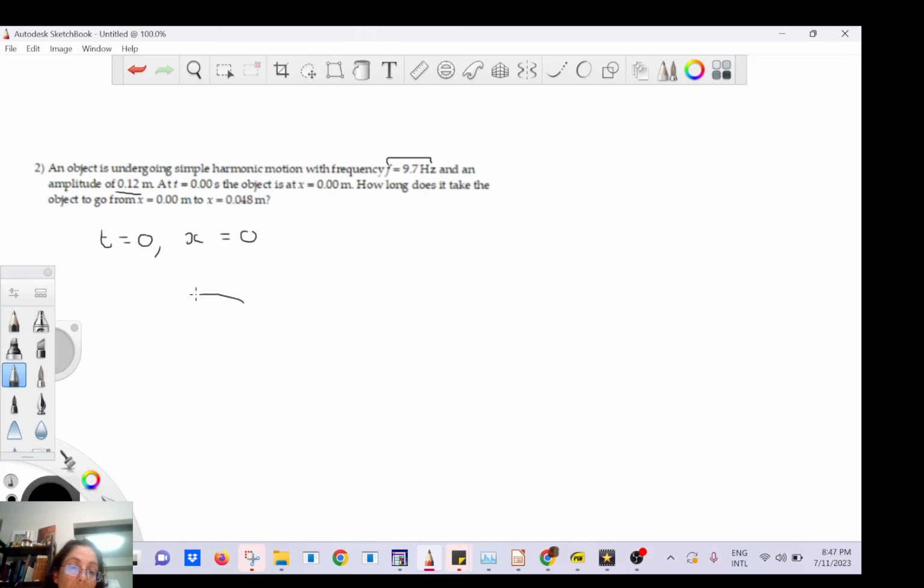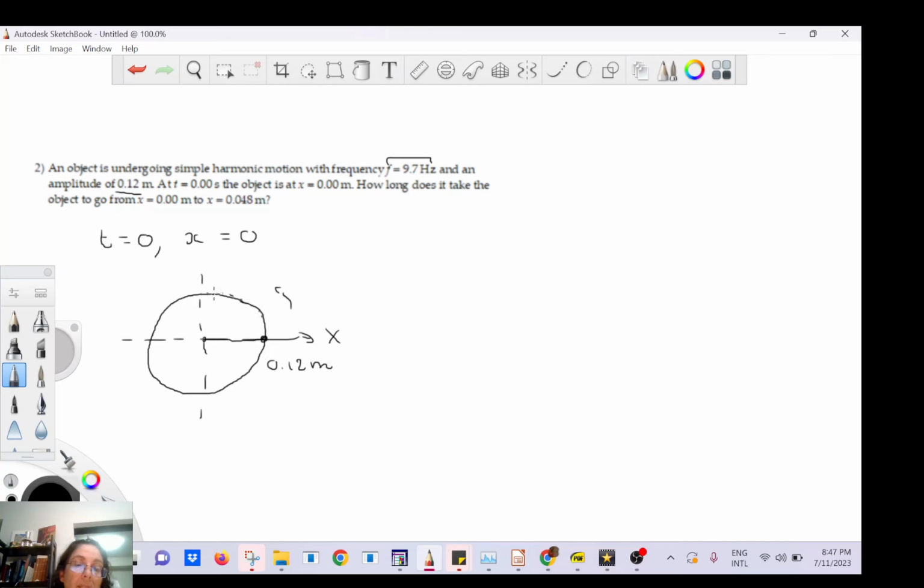So what does it mean? Let's take the circle. That's going to be my x-axis. Here I have my amplitude, which is 0.12 meters, and it's going in this direction.